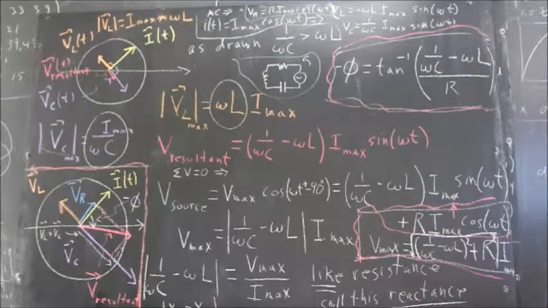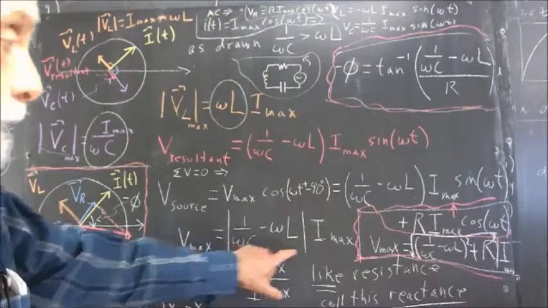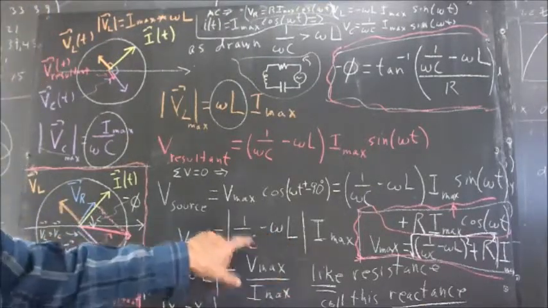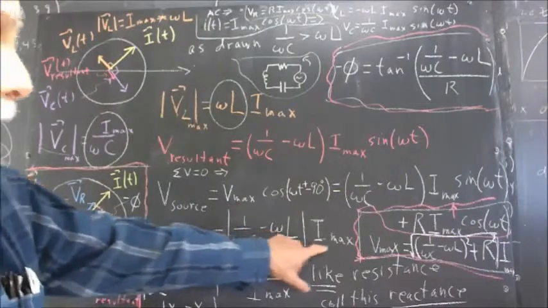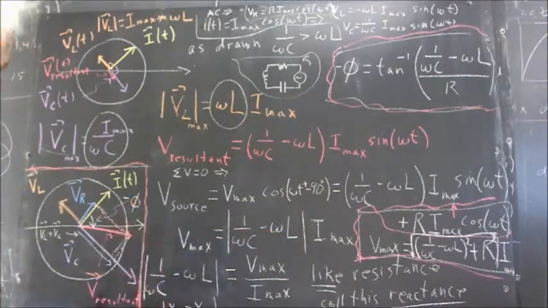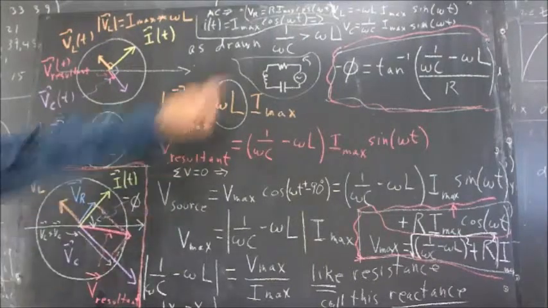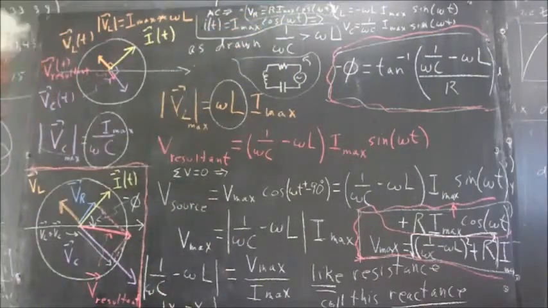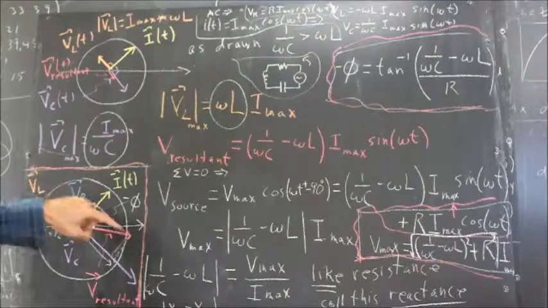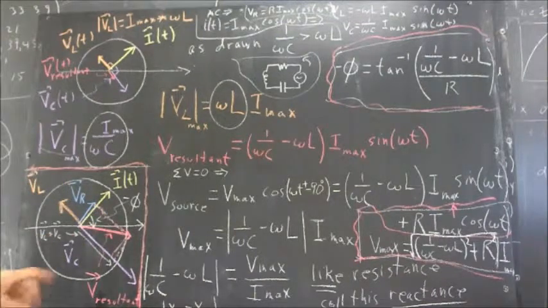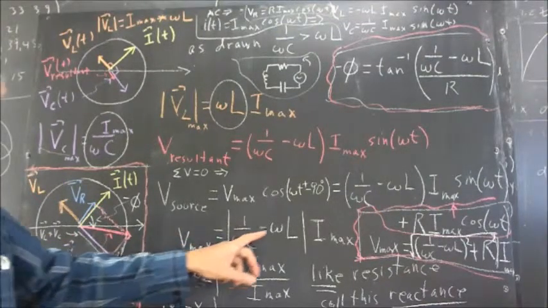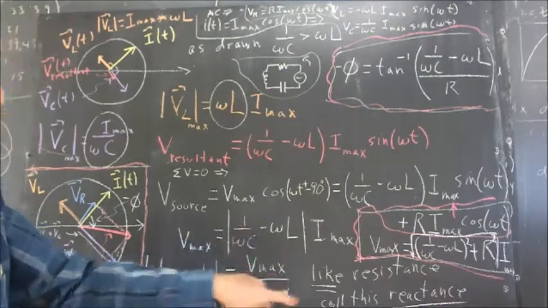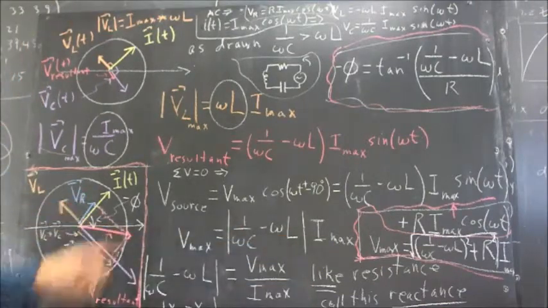Now, the VL plus VC is basically your V max. It's your 1 over omega C minus omega L times I max. Your V max for the resistance is just R times I max. So the opposite side is going to be the magnitude of 1 over omega C minus omega L, multiplied by I max.